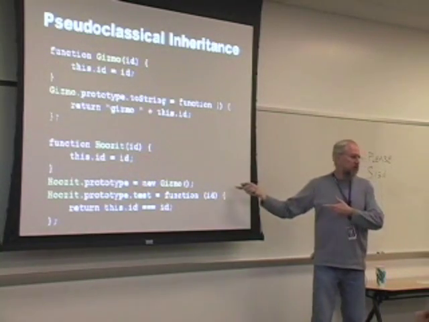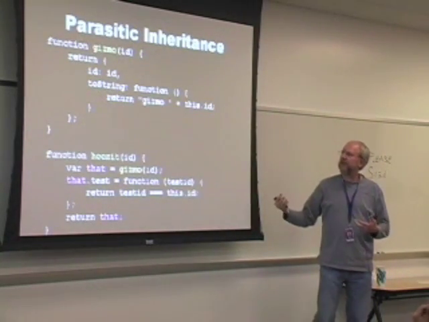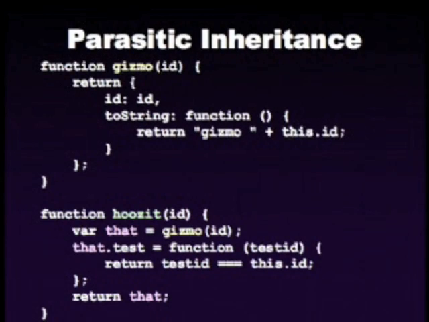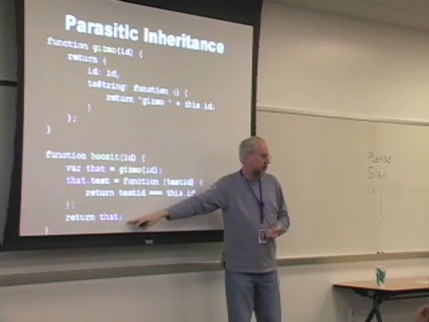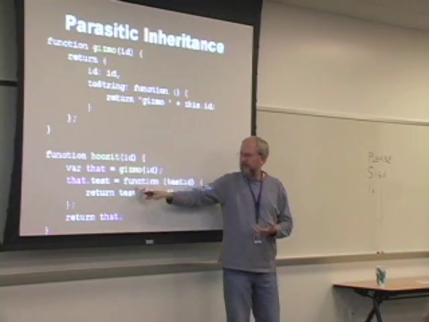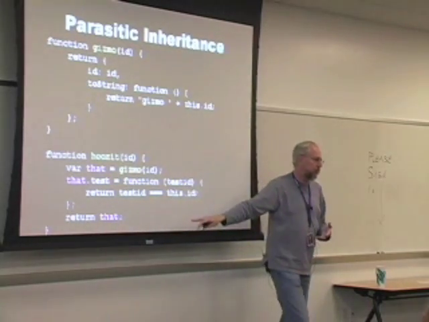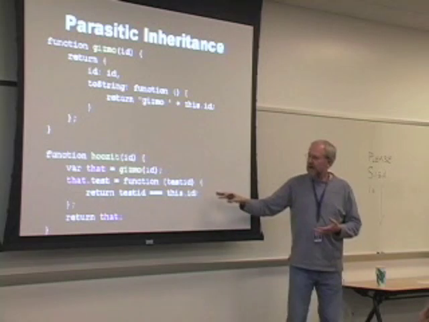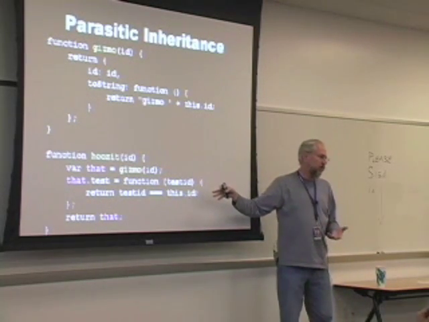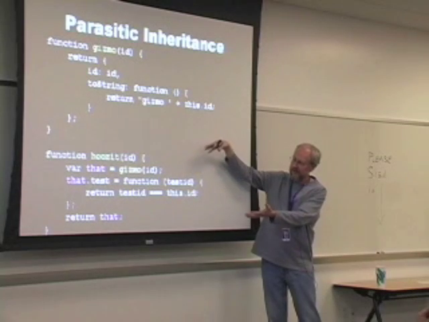So this is how we would write this in a more parasitic model. We'll start off with the Gizmo. We'll just return an object literal in this case, make it really, really simple. Then the Who's It will call Gizmo and make an instance, and assign it to that, and then we'll augment that and return it. Okay, so this is one, two, three, a real simple parasitic pattern. I think this reads a whole lot better than the pseudoclassical pattern. For one thing, it's all self-contained.